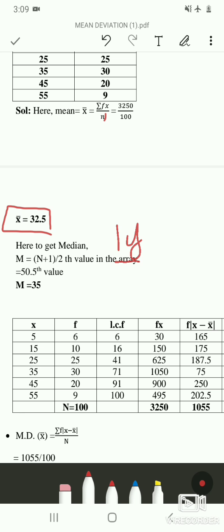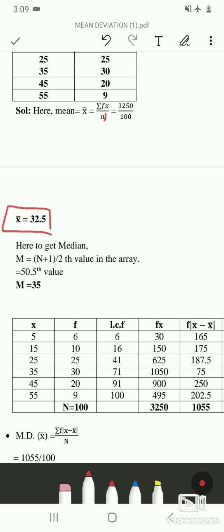So in the table, after calculating x, f and fx, calculate the LCF, which is 6 plus 10, 16, 16 plus 25 is 41, and so on till you get the last value, the same as capital N. Now (N plus 1) upon 2, that is N is 100, 101 upon 2 is 50.5th value.